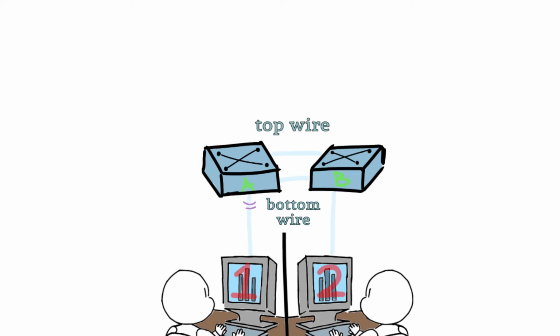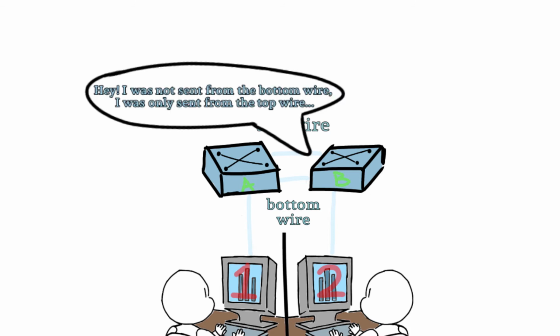So switch A will send the message to Jim's computer through the wire that connects switch A and the computer. But it doesn't stop there. Because there are two wires connecting switch A and B, the switch will read the message sent from the top wire and be like, hey, I was not sent from the bottom wire, I was only sent from the top wire.